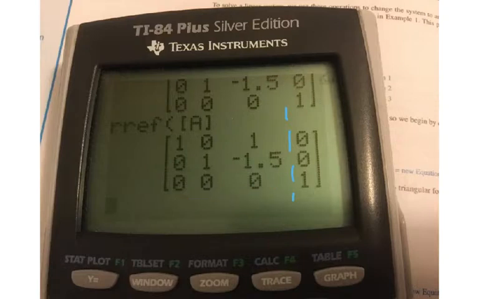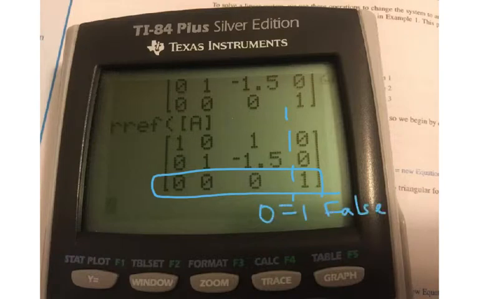If the last row says 0001, this is the same as 0 equals 1, which is false. And in other words, it's going to be no solution. So you're going to know if your system has no solution if you don't get the identity matrix, and the last row says 0, 0, 0, 1.